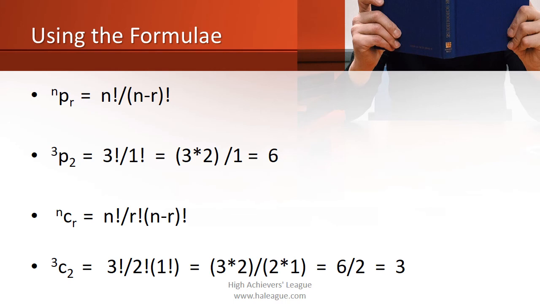So we have in the numerator 3 multiplied by 2, and in the denominator we have 2 into 1, since 2 factorial is 2 into 1. And then it becomes 6 divided by 2, and we get the answer as 3. So there can be three combinations that we can select for this kind of question.